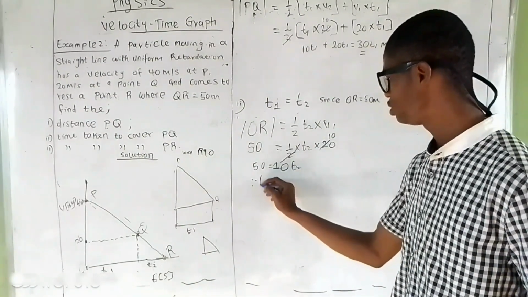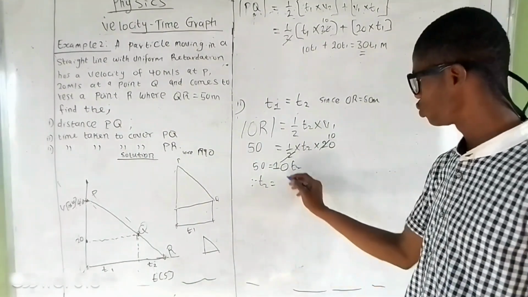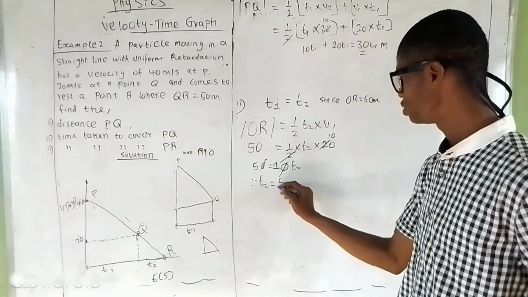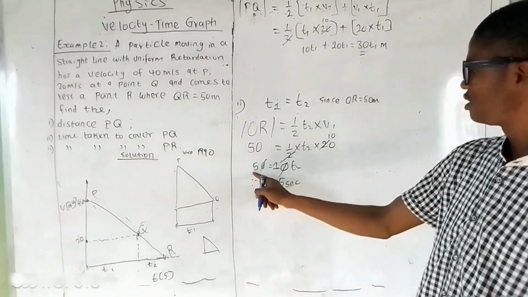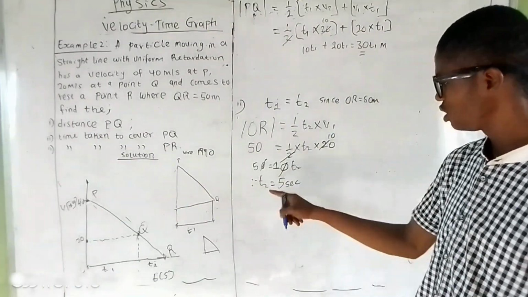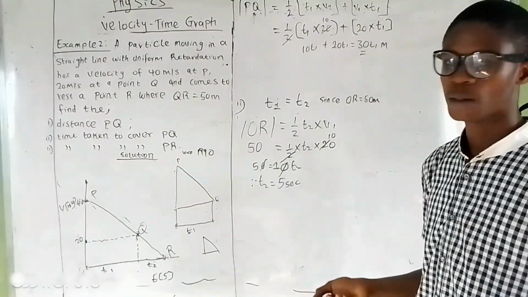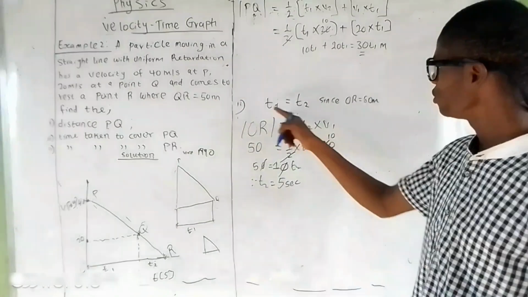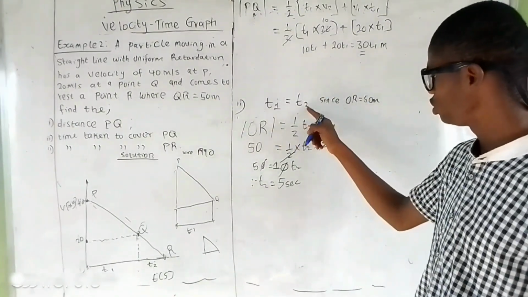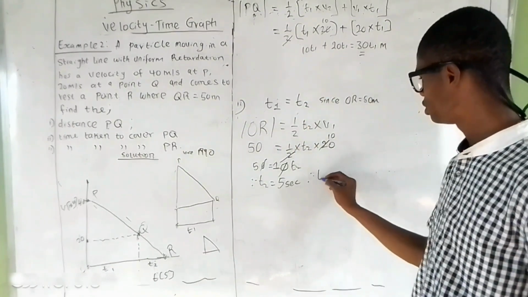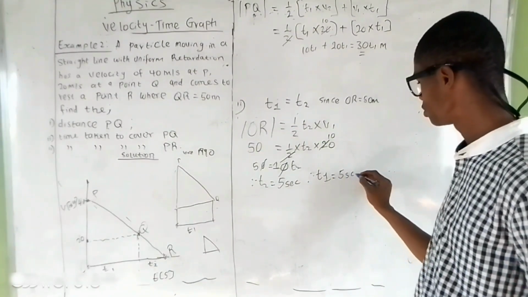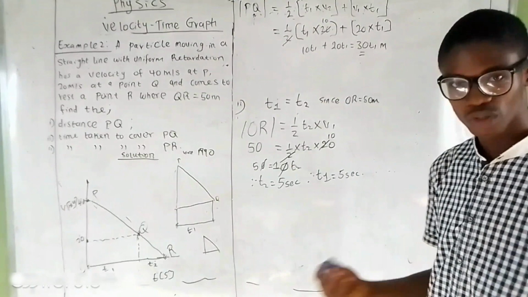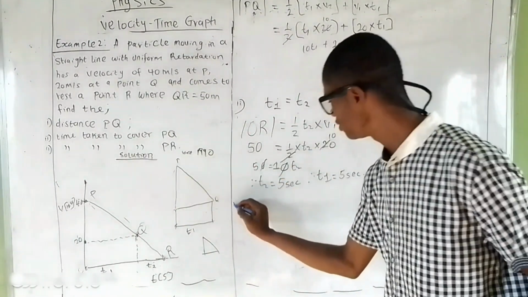Therefore T2 will be equal to, 0 cancel 0, T2 will be 5 seconds. So T2 is 5. Since T1 is equal to T2, thus T1 is also equal to 5 seconds. So you see how we got that, quite interesting.